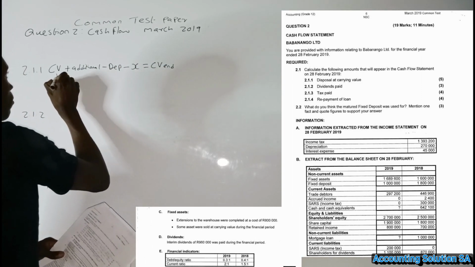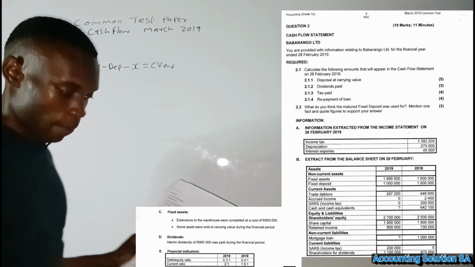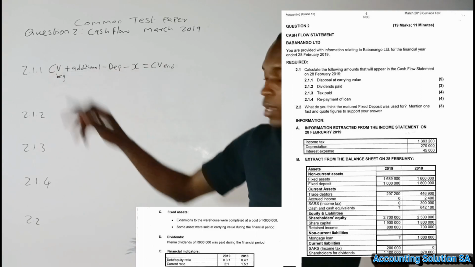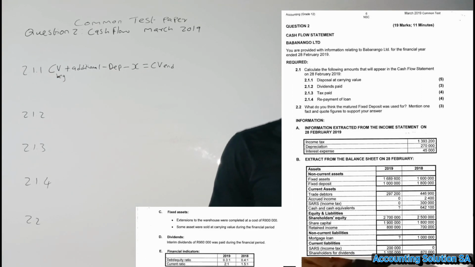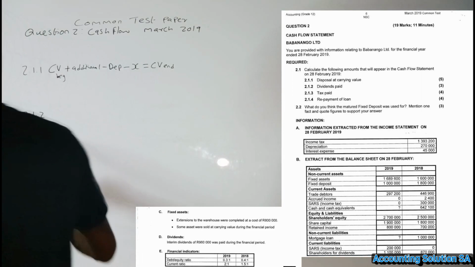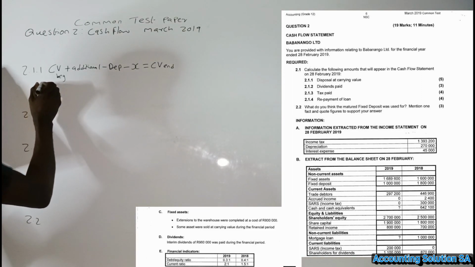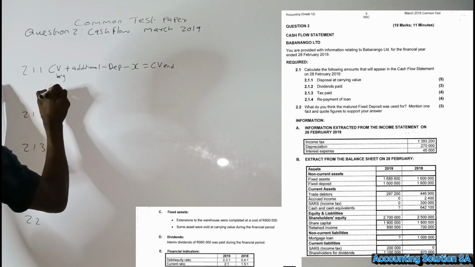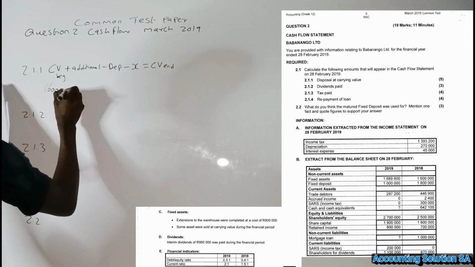Simple formula. Now let's check our carrying value at the beginning. The beginning is 2018 and the end is 2019, which means our beginning is 1.6 million.